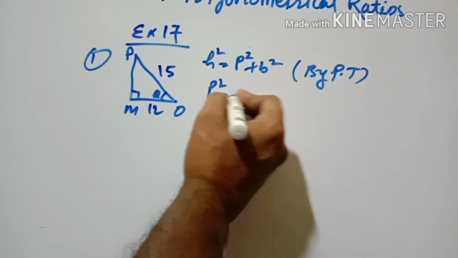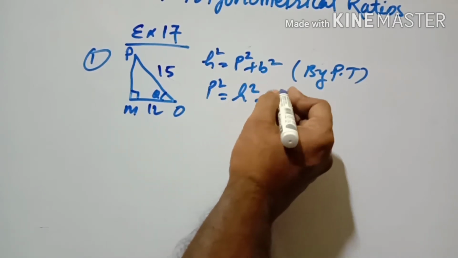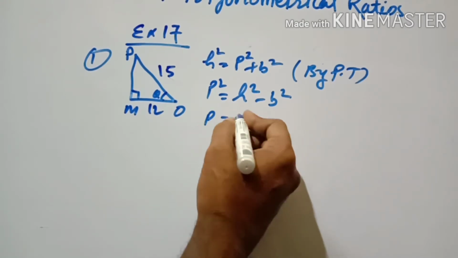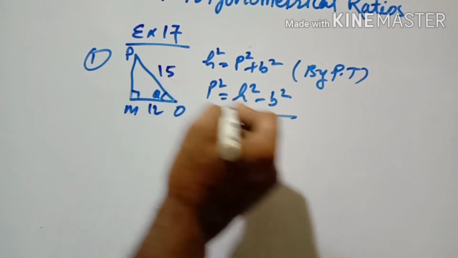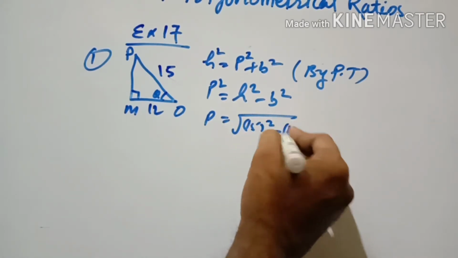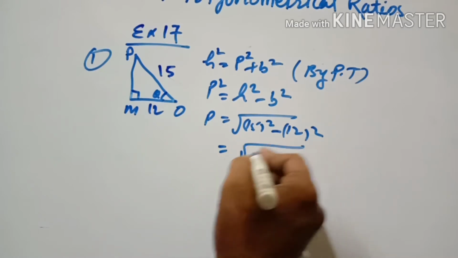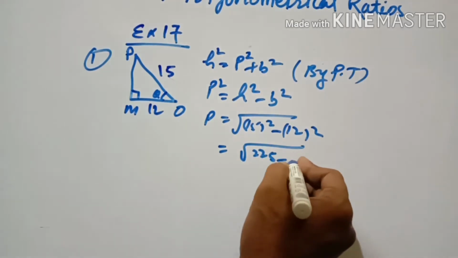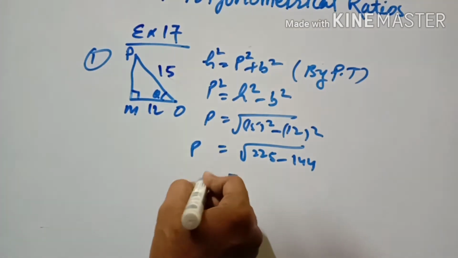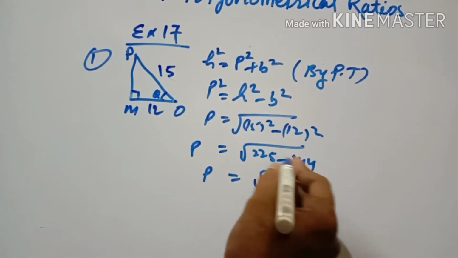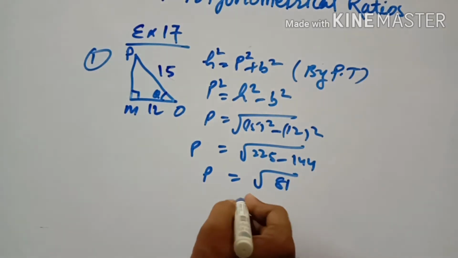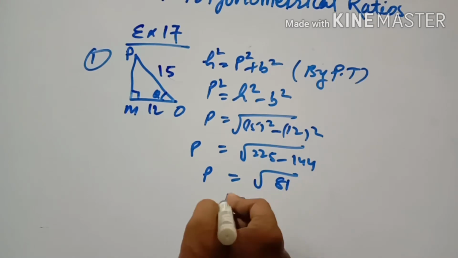So I can write p square equal to h square minus b square. So p equal to under root h square minus b square, put the value of h, 15 square minus 12 square equal to 225 minus 144. Therefore p equal to what? 5 minus 4 is 1 and this is 8. Therefore p equal to 9.